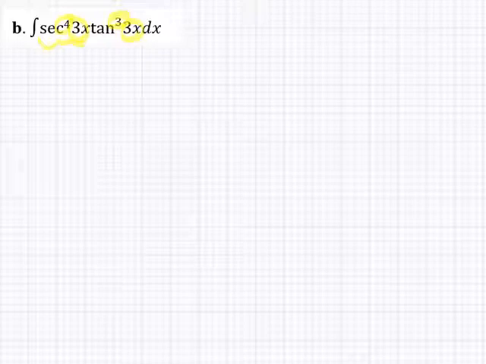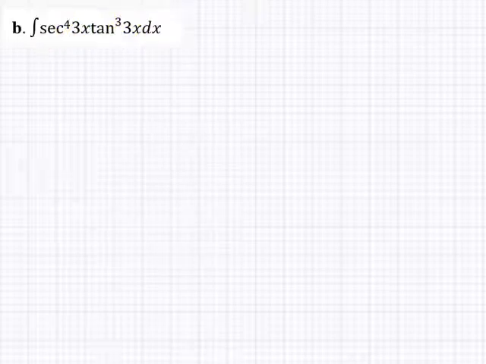The one thing to note is that these 3x's have to be the same. I can't have a 3x in this one and a 5x in that one and have this work out. That's a much, much more complex problem, which we will not be dealing with right now. So as long as whatever's inside these functions is the same, we continue on our process.